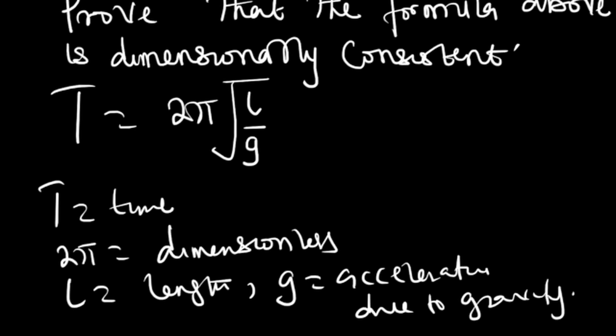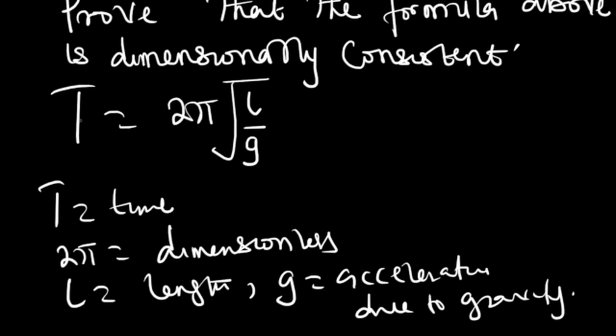Okay, now having identified all the given variables in this equation, what's the next thing that we are supposed to do? The next thing is to determine their respective dimensions. But then we'll mostly work on the right-hand side because the left-hand side, which is T, is already in its simplified form.